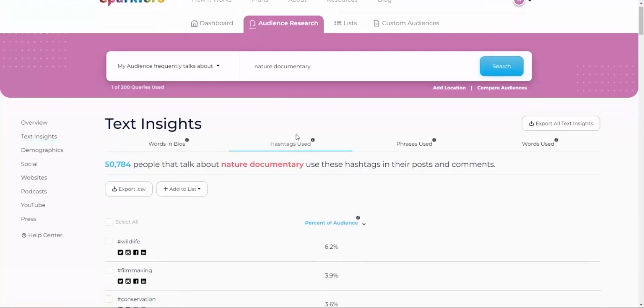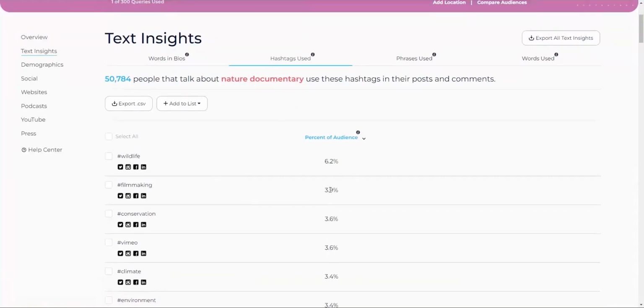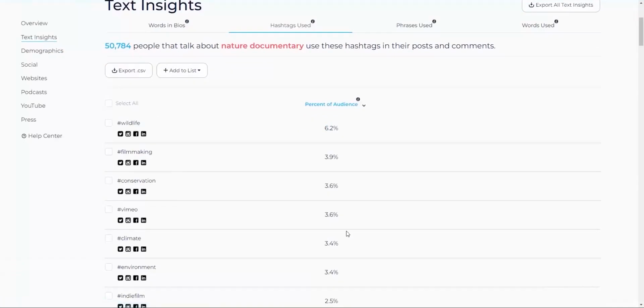When it comes to hashtag use, this is very useful because if you are creating content for this audience, these are the types of hashtags that will be most popular. These are the ones that they are looking up the most and are using the most. So you have wildlife, 6.2%, that's very good, definitely a good one. But then it drops to nearly 4%, less than 4% for filmmaking, conservation, Vimeo, climate.